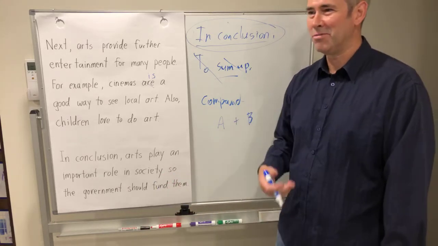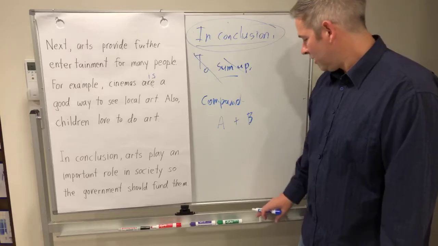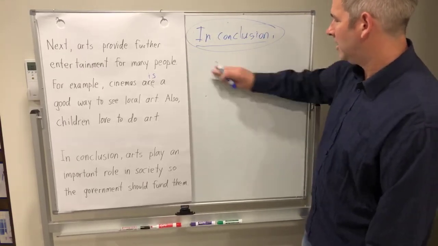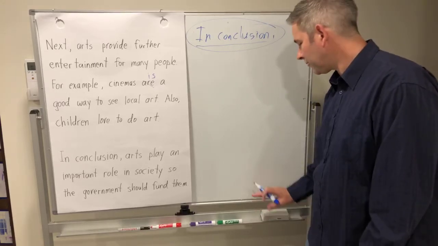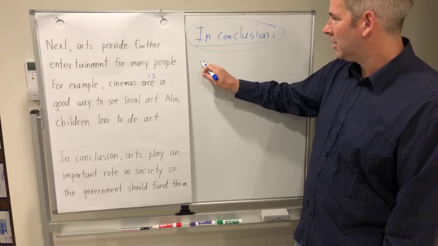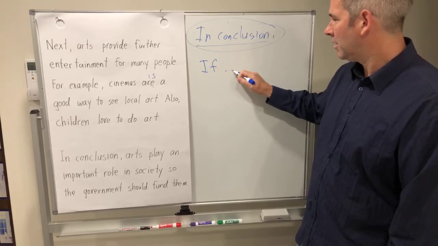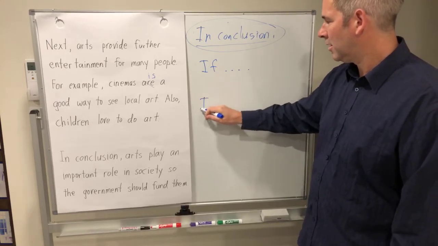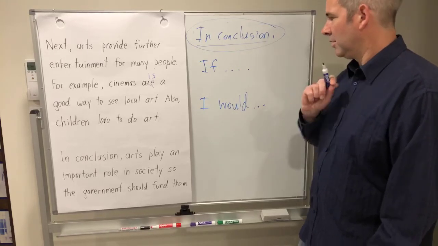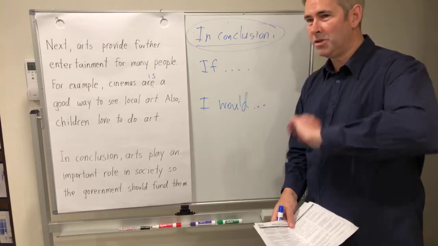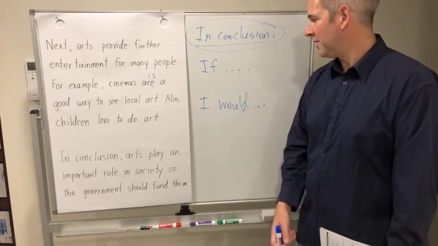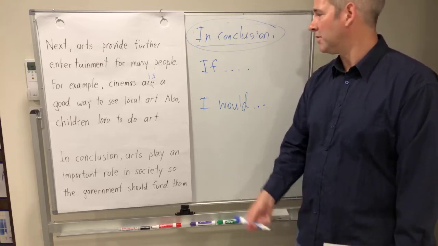Complex are probably the ones which you want to use more of. But I want to show you a way of expanding your conclusion with a complex sentence, which is what I was building towards. So, I would just use this as part of your recipe for writing the IELTS essay.